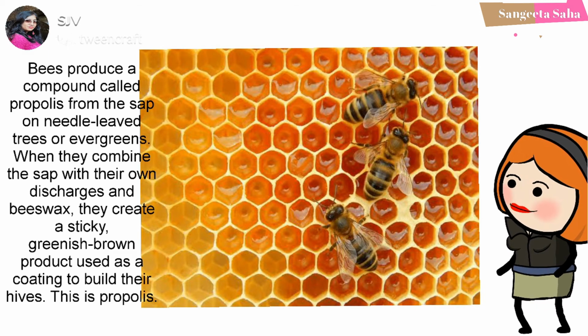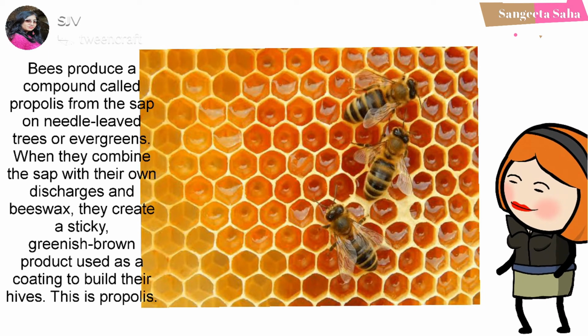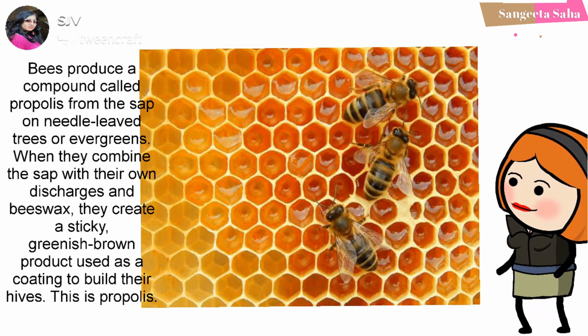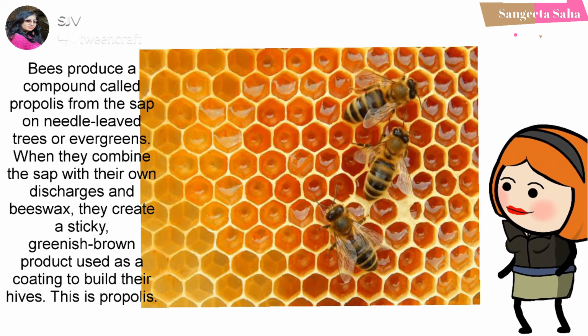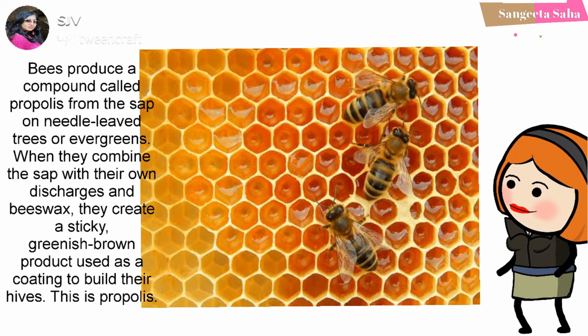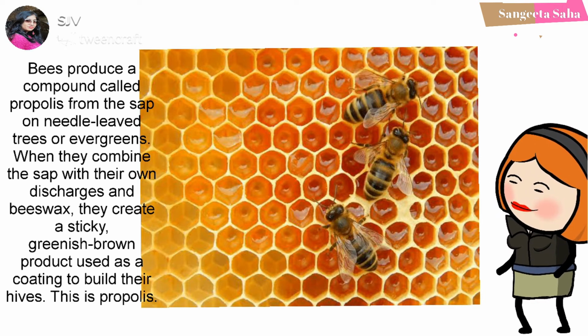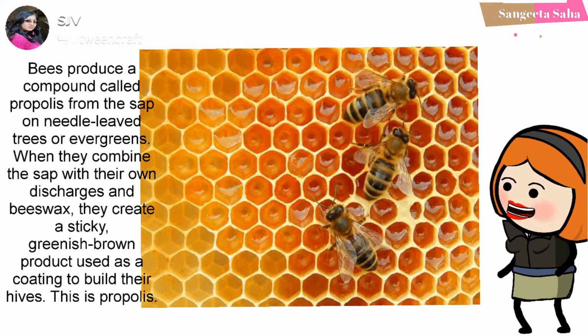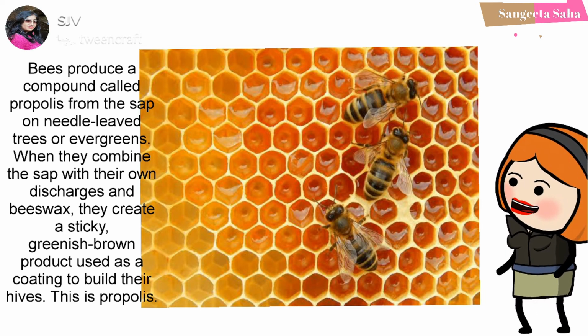Now, the worker bees generally use propolis. Propolis is nothing but the substance collected by the bees from the tree buds. This propolis is used to fill crevices or seal parts of the honeycomb. It is also used at the entrance of their hives to prevent entry of any harmful microbes.